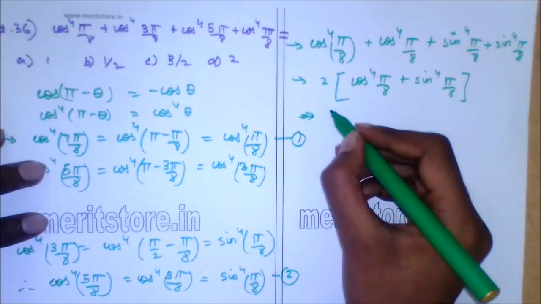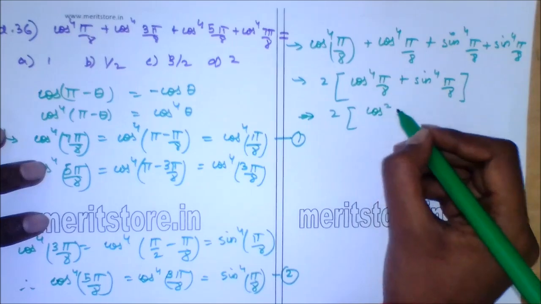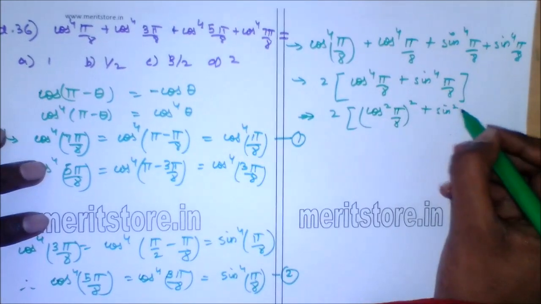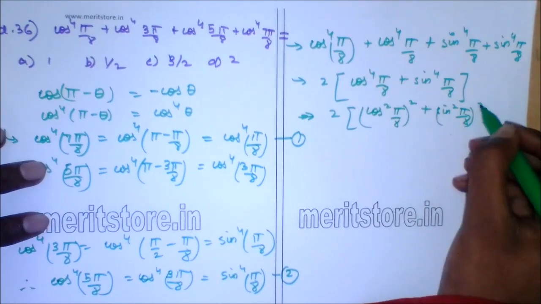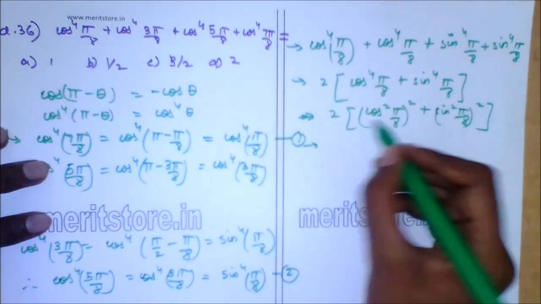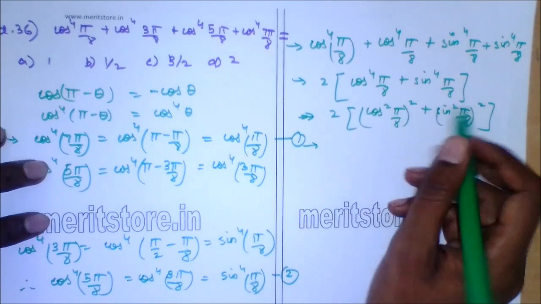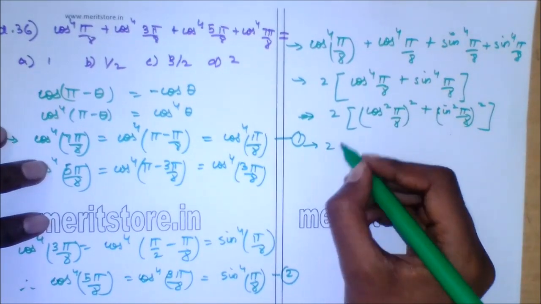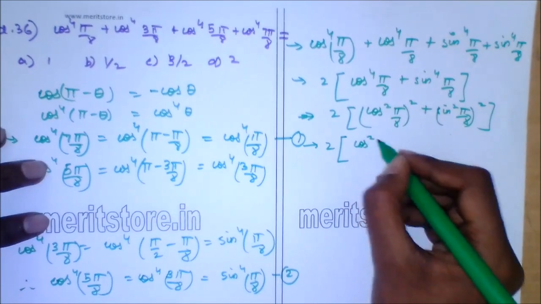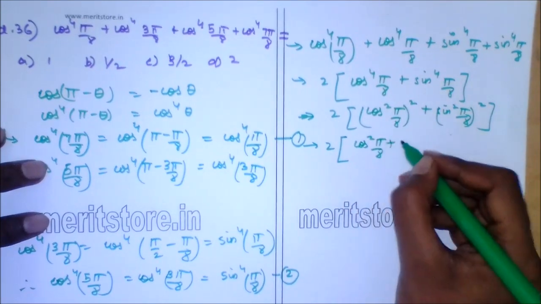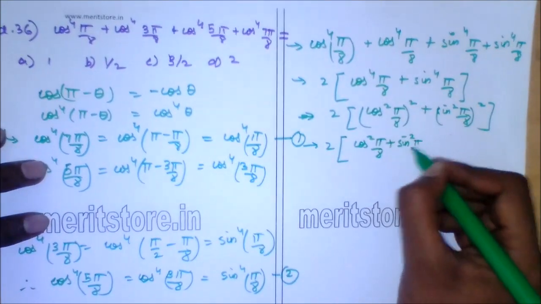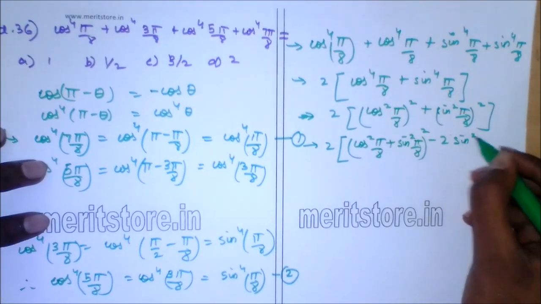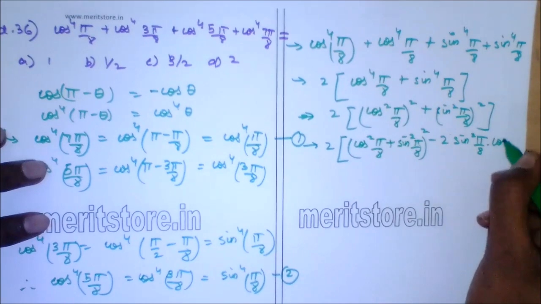We can write this as 2 times cos square pi by 8 square plus sin square pi by 8 square. This is in the form of a square plus b square. This can be written as a plus b the whole square minus 2ab. So this is 2 times cos square pi by 8 plus sin square pi by 8 the whole square minus 2 times sin square pi by 8 into cos square pi by 8.